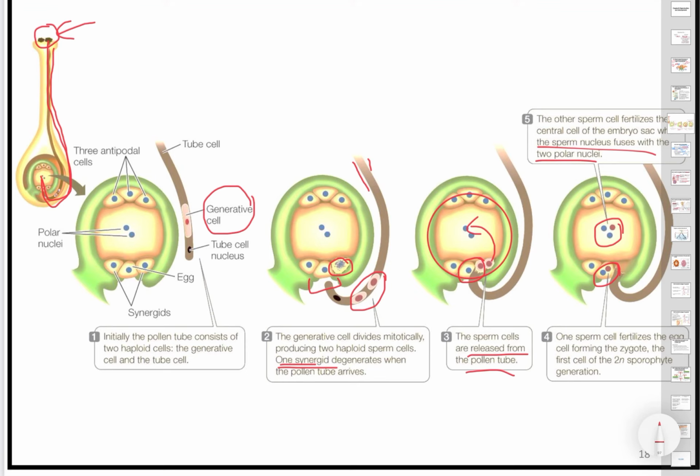Okay, so maka proses penghasilan double fertilization itu lengkap. So after fertilization, you must state that the zygote will develop into embryo, the ovule will develop into the seed, and the ovary will develop into the fruit.